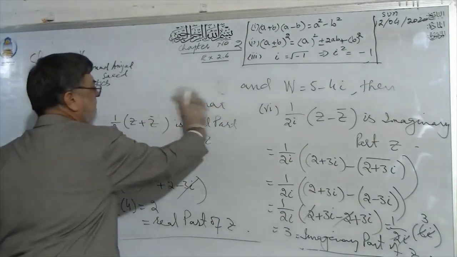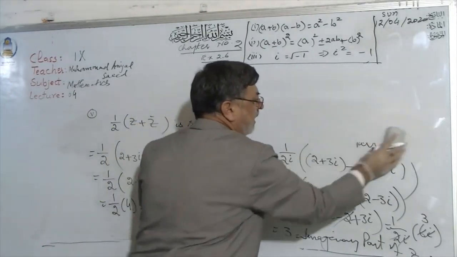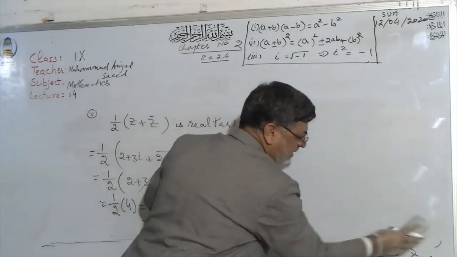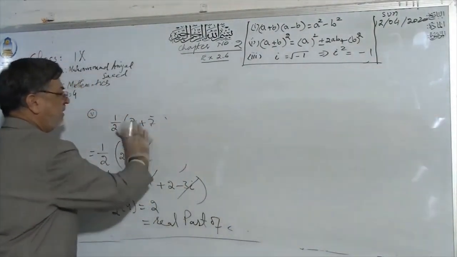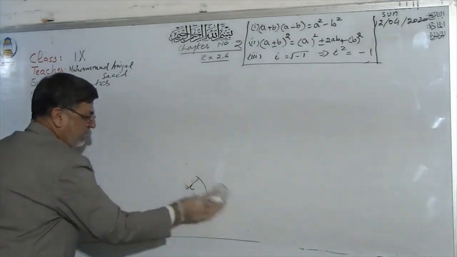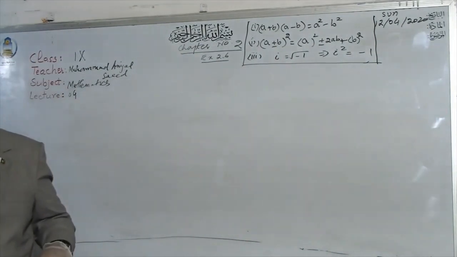In case of question number 7, we will have different complex numbers. By the comparing method, we will find the values of real numbers x and y.